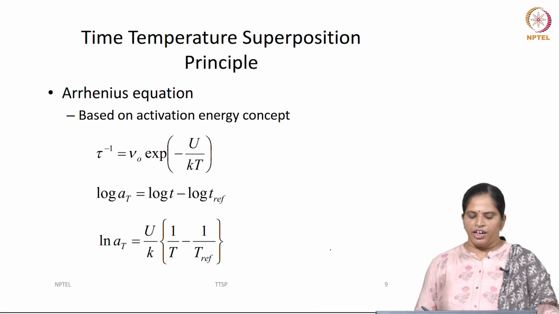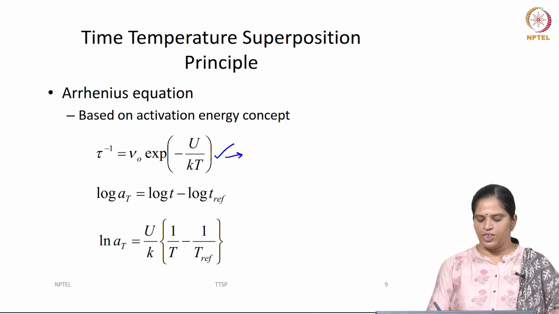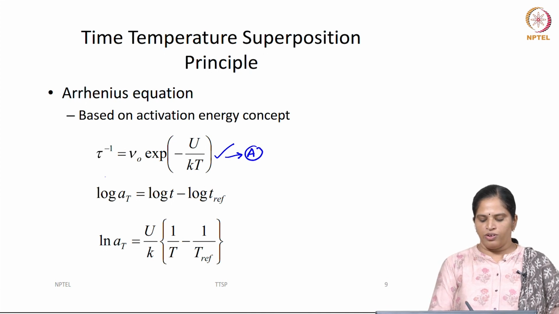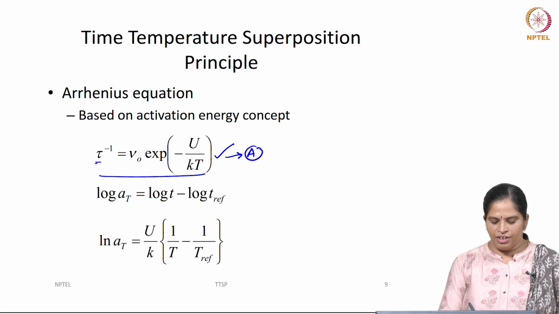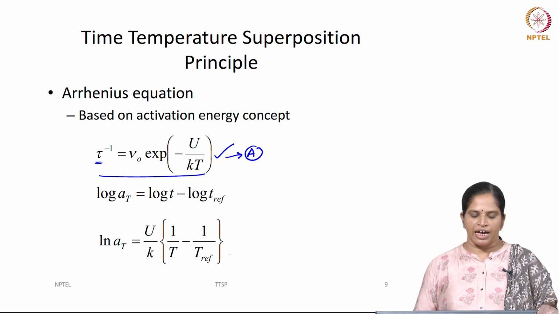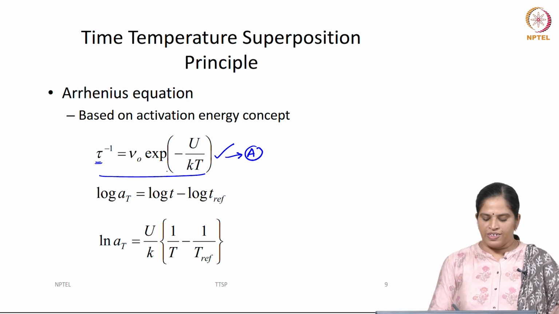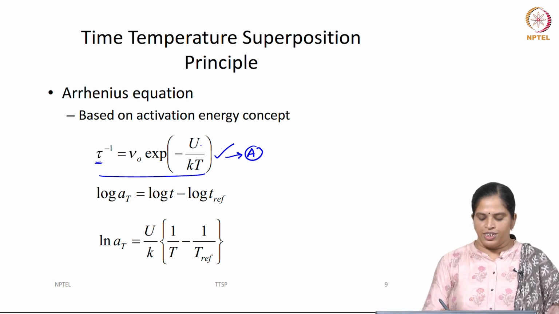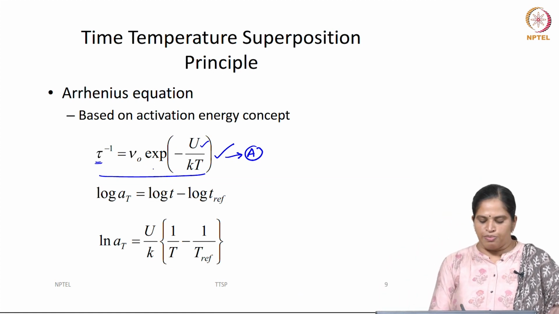This Arrhenius equation, given here as equation A, is a well known equation to all of us. Here tau is a time function. The inverse of the time function is related to the activation energy U in an exponential way.